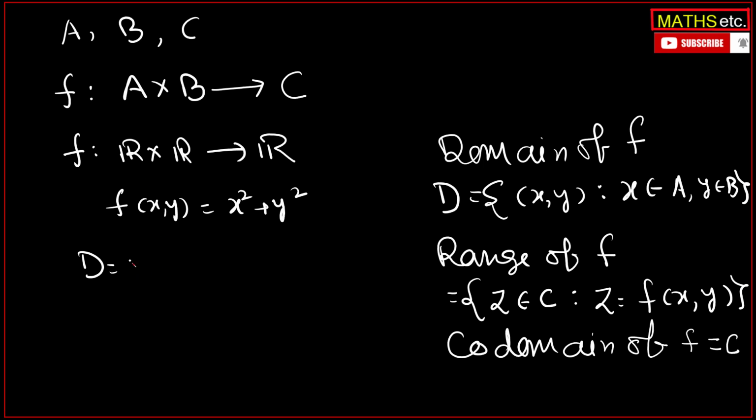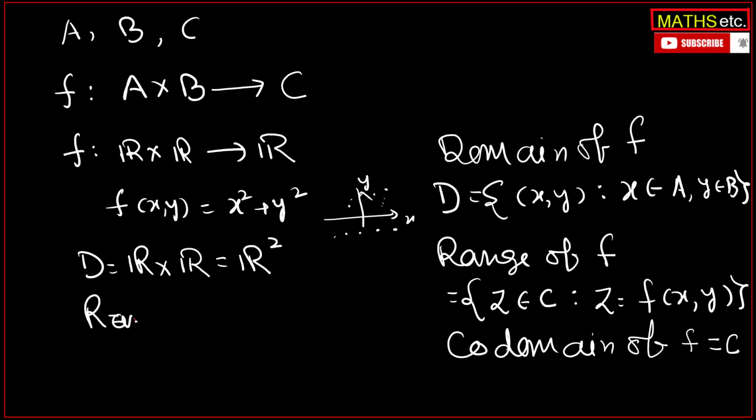So the domain will be the entire xy plane, that is R cross R, and at times we denote it by R squared. So all the points in this xy plane will be part of the domain, right? And the range will be a one dimensional range. Now how to find the range?